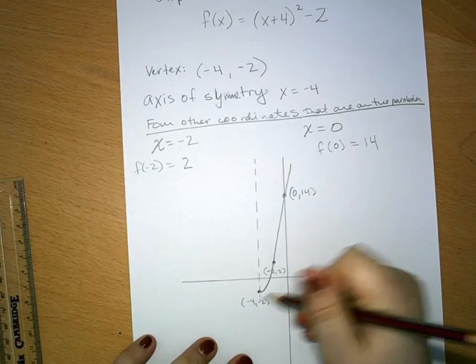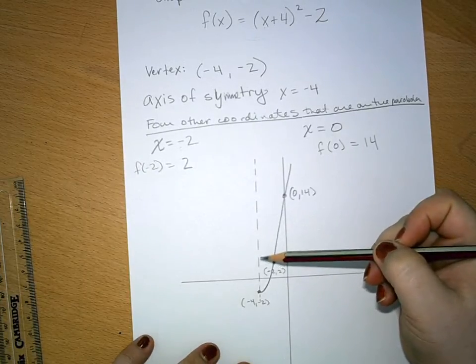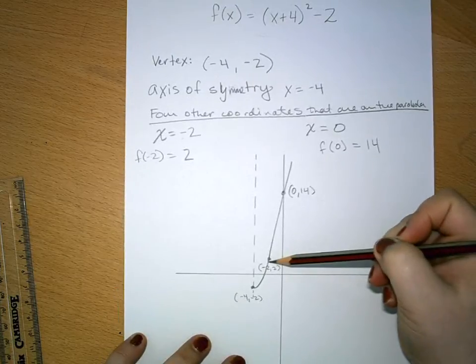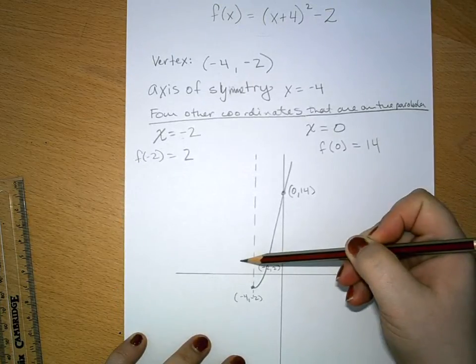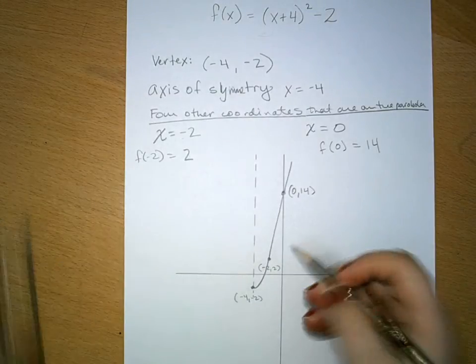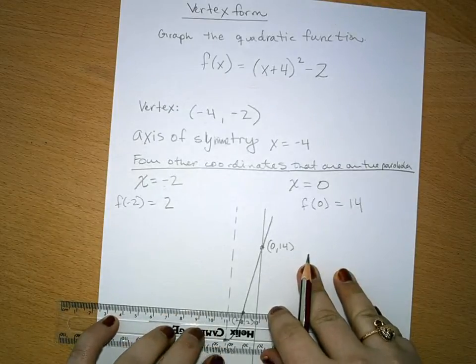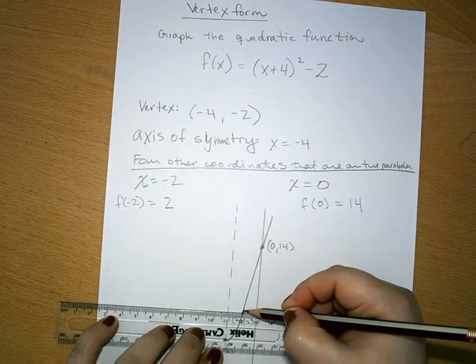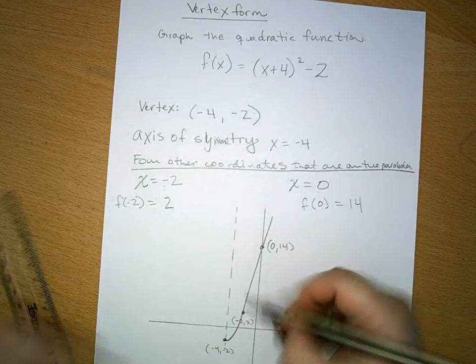Now, in order to find the other half, we know that, again, parabolas are symmetric. That means that each point on this side has another point that has the same output on the other.